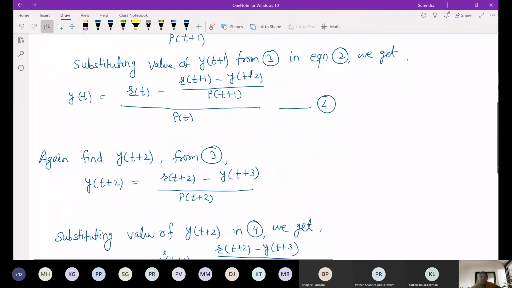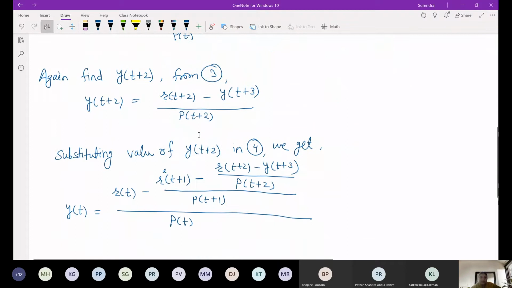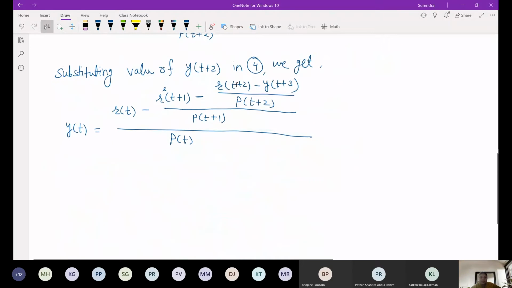Okay. So can you see this is the form of a continued fraction? R t minus r at t plus 1 minus r at t plus 2, and all these things. It is like a continued fraction. So if I go on doing like this, what should I get? Continuing in this way, what do we get?